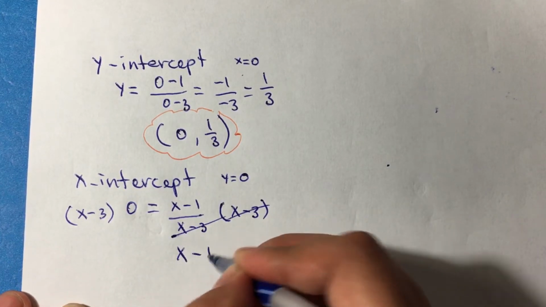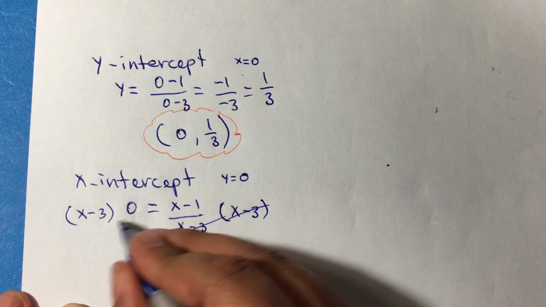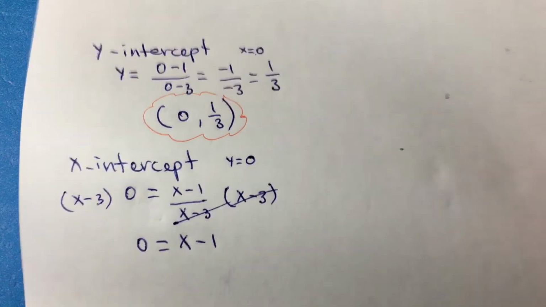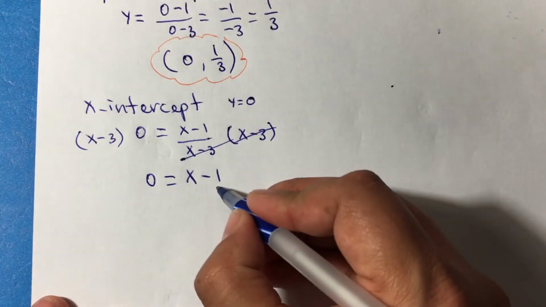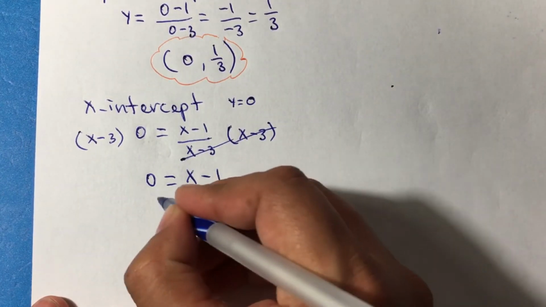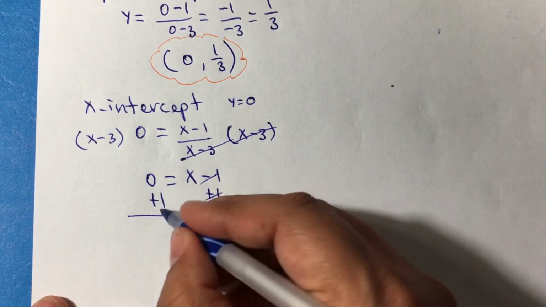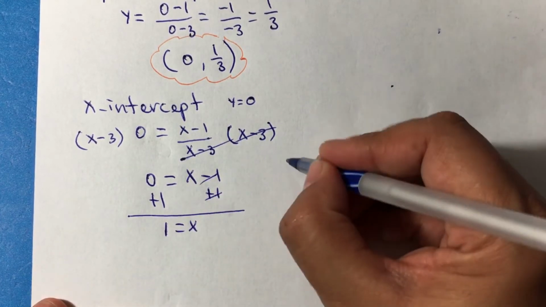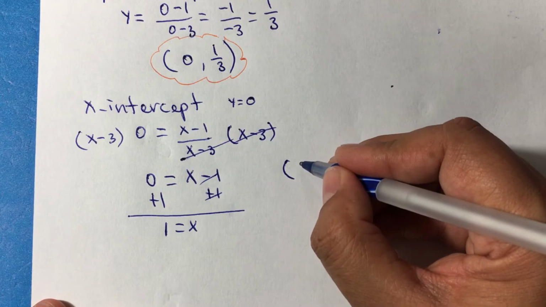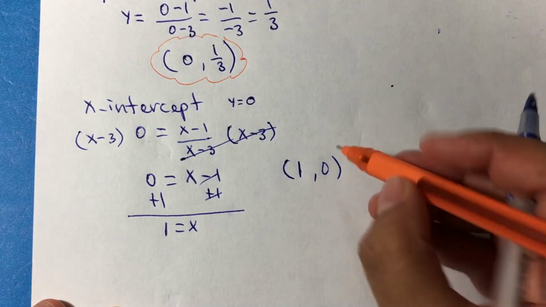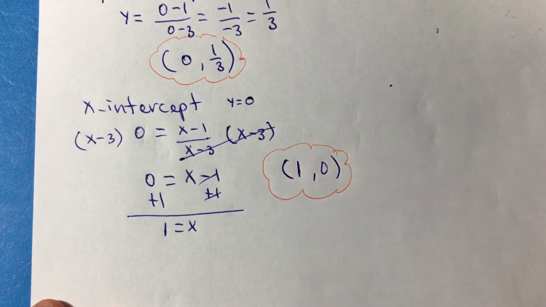You get x minus 1 equals anything multiplied times 0, which is 0. And so if I'm subtracting 1, I cancel by adding 1. And so x equals 0 plus 1, which is 1. So my x-intercept is (1, 0).